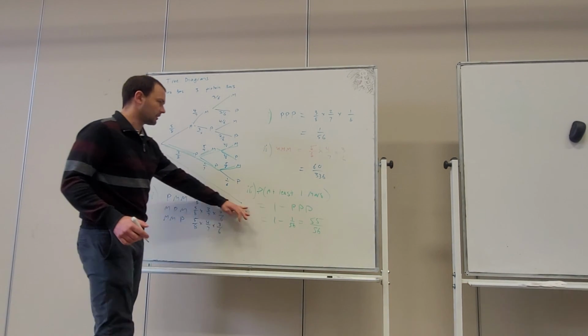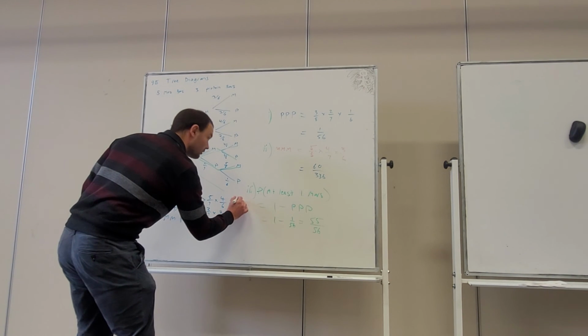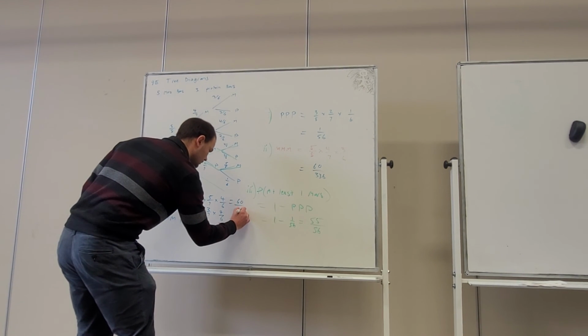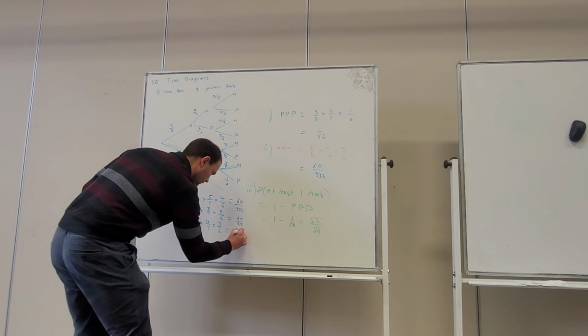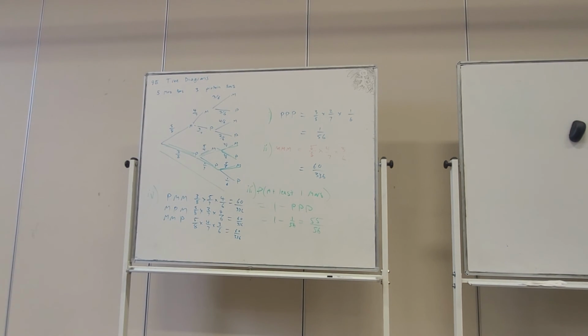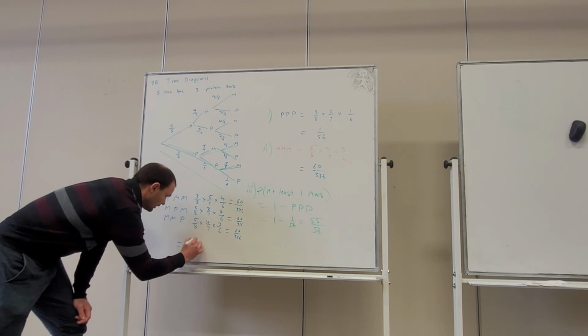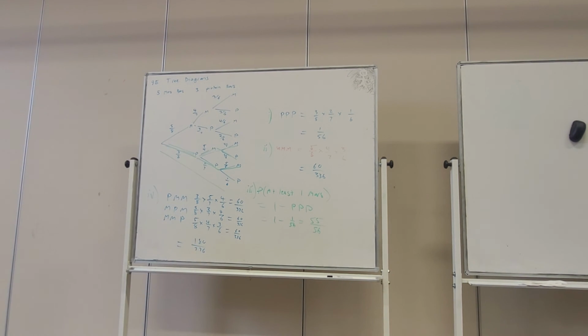And I have already calculated that because it's actually the same as this calculation as well. So that's 60 on 336, 60 on 336, and 60 on 336. And so when we add all of these events up together, 180 on 336, and it can be simplified.